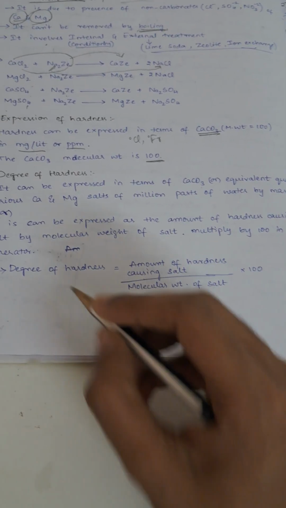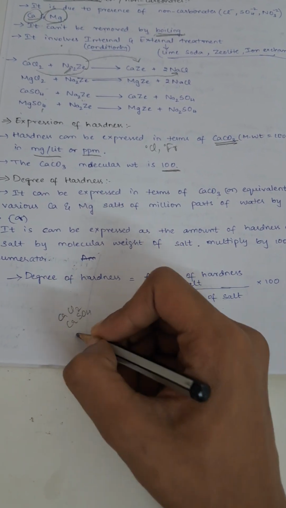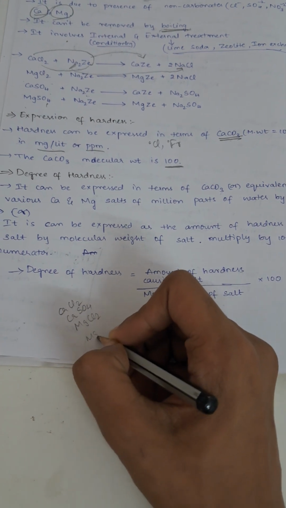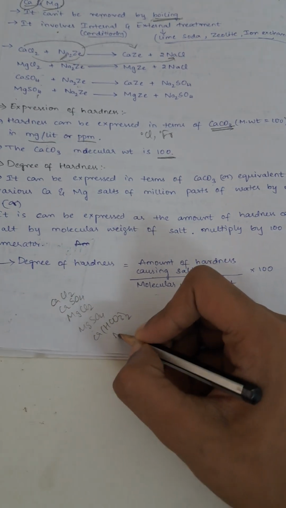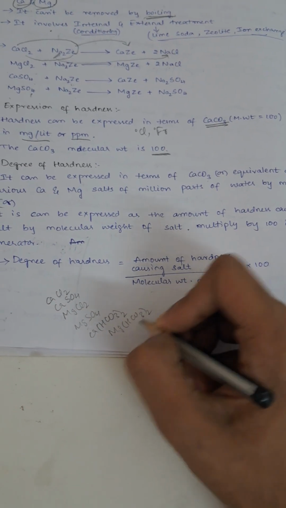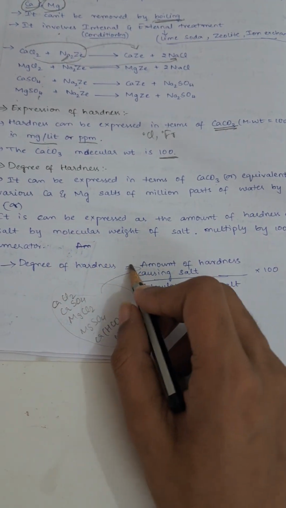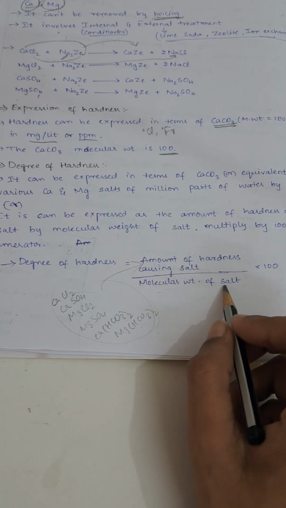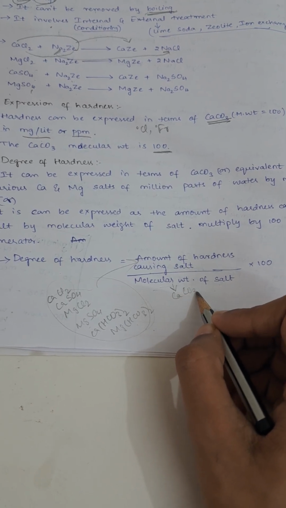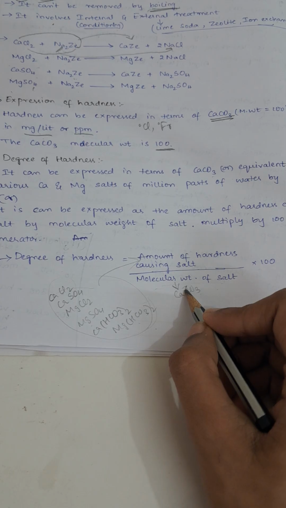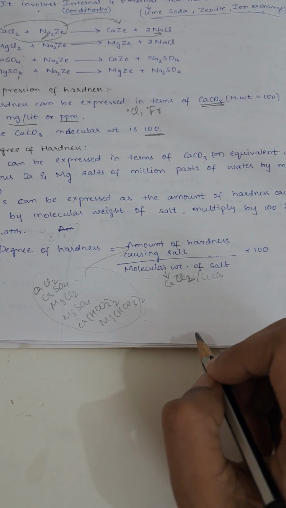Amount of hardness causing salt might be calcium chloride or calcium sulfate or magnesium chloride or magnesium sulfate or calcium bicarbonate or magnesium bicarbonate, etc. These are hardness causing salts. So the amount of hardness causing salt divided by the molecular weight of the salt, such as CaCO3 or CaCl2 or CaSO4, into 100.